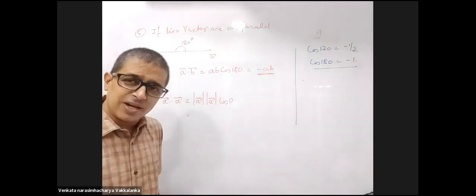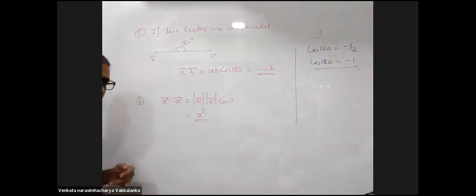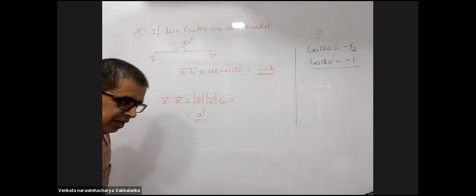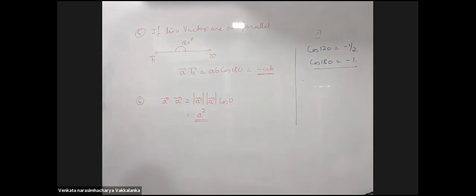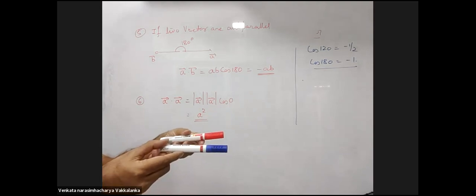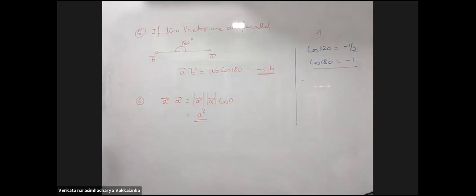A dot A, same vector you are multiplying two times, so the angle between them is 0. This is A square. Cos 0 is 1.